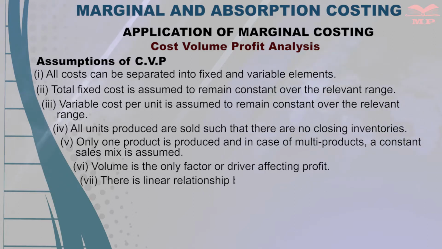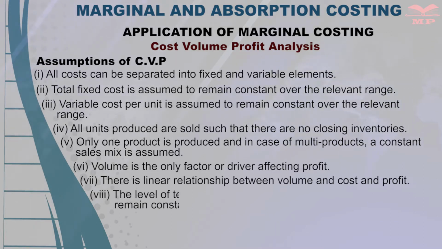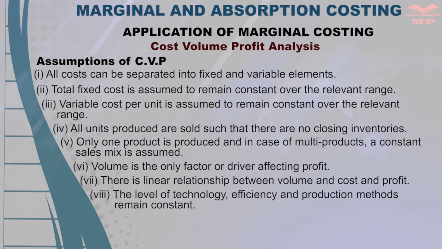Number 8, there is linear relationship between volume and costs and profits. Number 9, the level of technology, efficiency, and production methods remain constant.